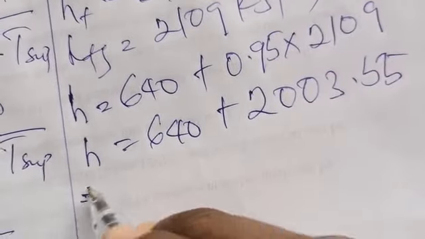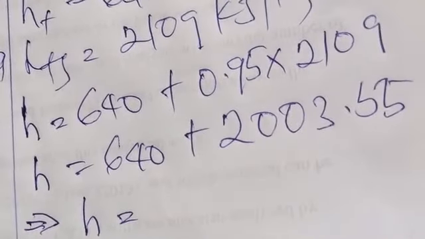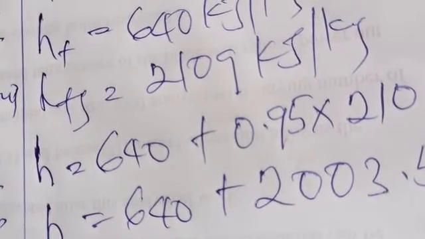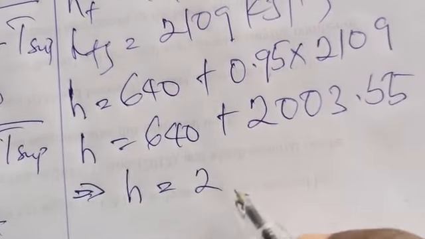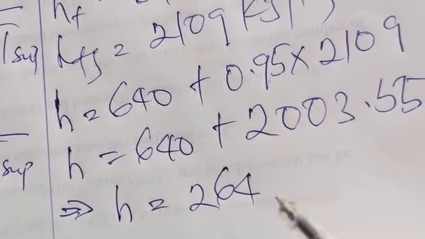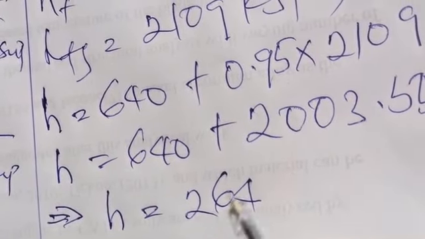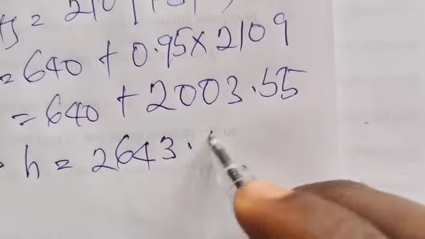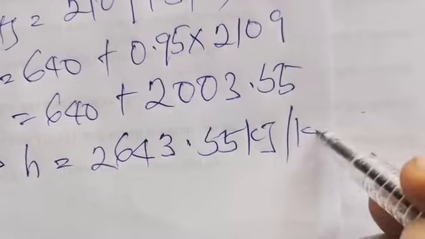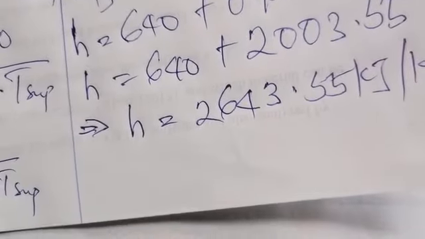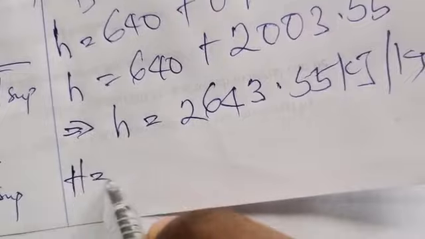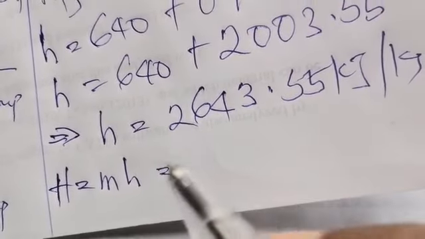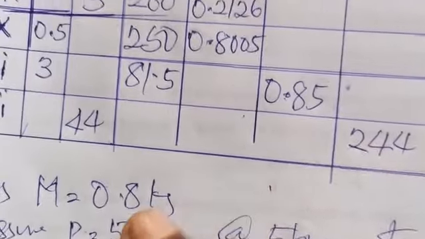So if we add this together, it means specific enthalpy is simply equal to 2643.55 kilojoules per kilogram. So once again, we need to convert this to a total value, and total enthalpy is simply mass times specific enthalpy. The mass was given to us in the question as 0.8 kilograms.